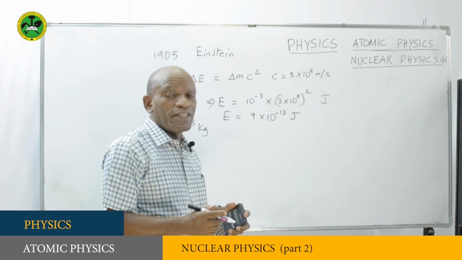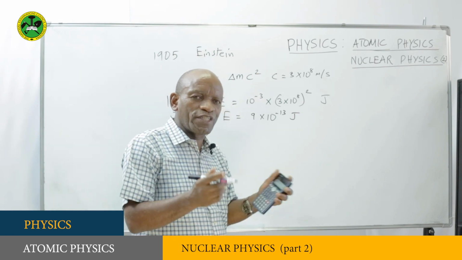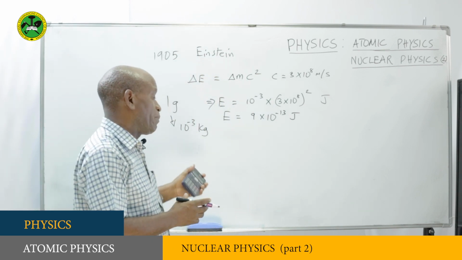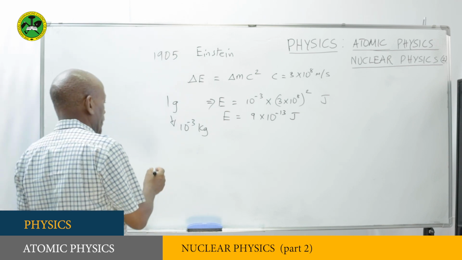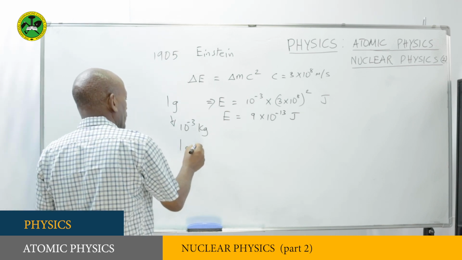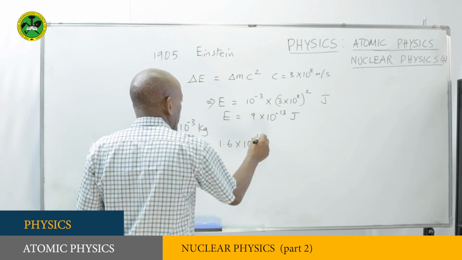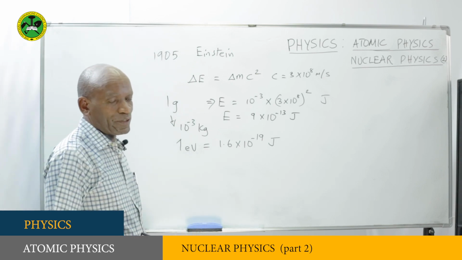And actually, in electronics and in nuclear physics, we measure the energy in terms of what we call the electron volt, such that 1 electron volt is equal to 1.6 times 10 power negative 19 joules. So this is 1 electron volt.